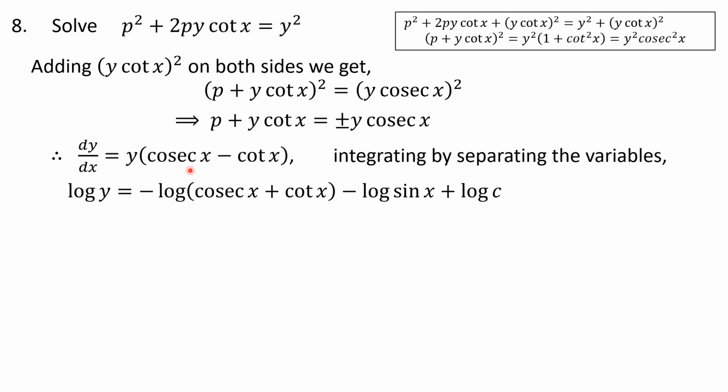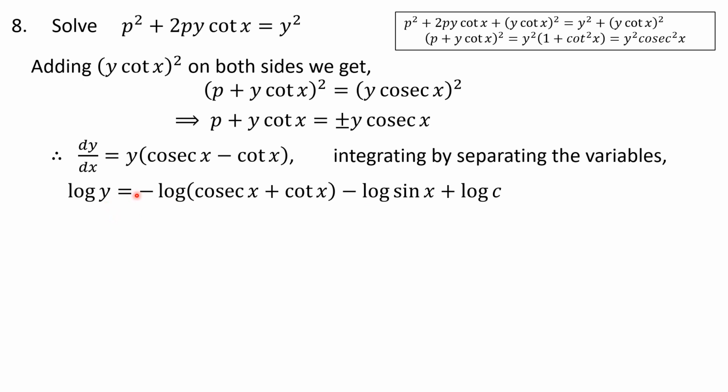So cosec x integral, either you can write log of cosec x minus cot x or minus of log cosec x plus cot x. So here we take minus log of cosec x plus cot x, so that we can simplify easily by taking these two logarithm terms to the right hand side.